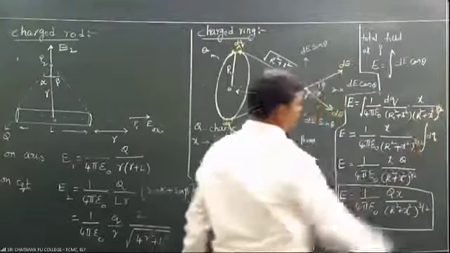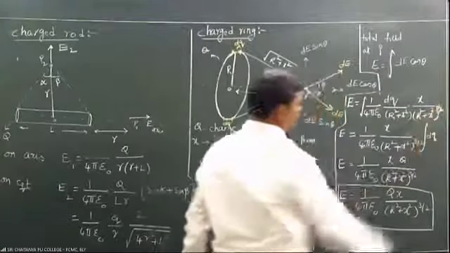See there, E is equal to 1 by 4 pi epsilon naught qx by r square plus x square whole power 3 by 2 is the formula.